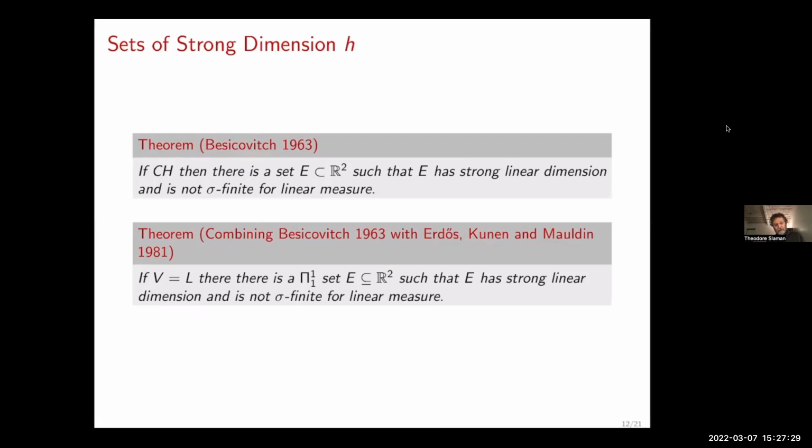It uses the same ingredients to adapt Besicovitch's construction to get a Pi-1-1 example. So the theorems from the 1950s were sharp in that they proved something for analytic sets, and the Pi-1-1 sets are co-analytic, their complements are analytic sets. So the theorems from the 50s are in the descriptive sense optimal.